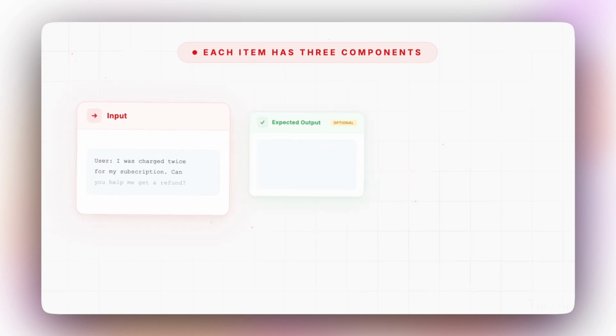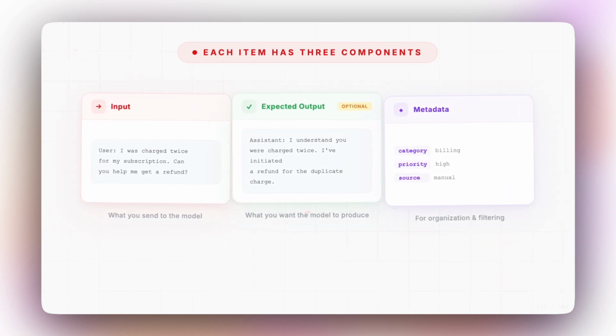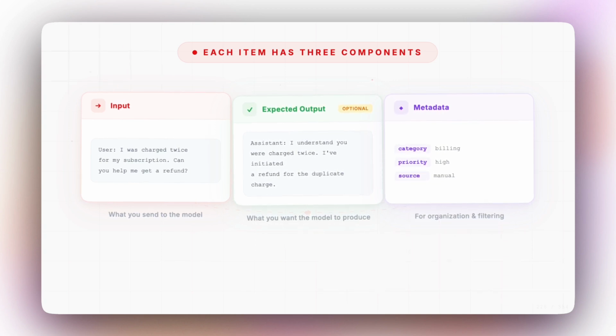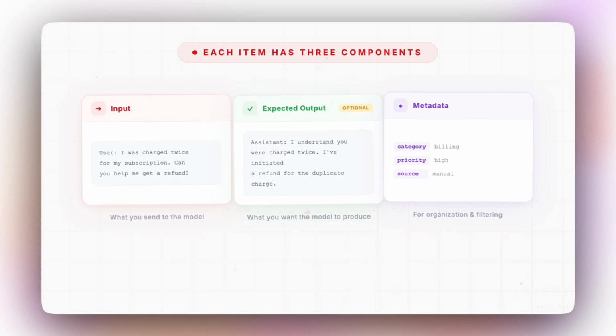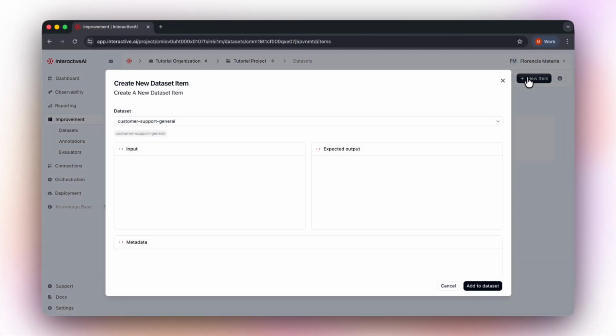Each item has 3 components: an input, what you send to the model, an optional expected output, what you want the model to produce, and metadata for organization and filtering. Let's add an item manually. Click New Item. For the input, we'll provide a JSON object with a customer question, subscription tier, and account status. The question is, how long does it take to process a refund to my bank account from a premium verified customer?